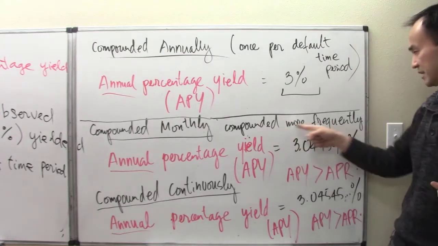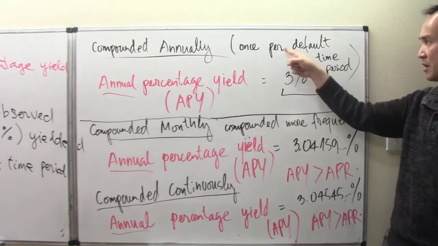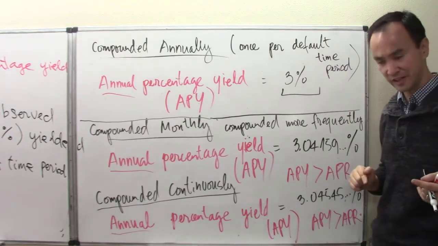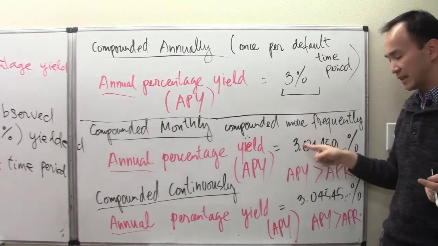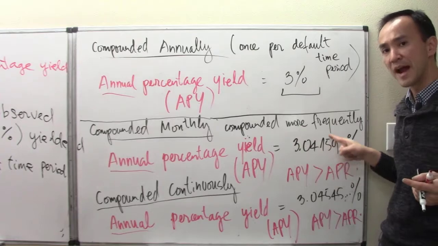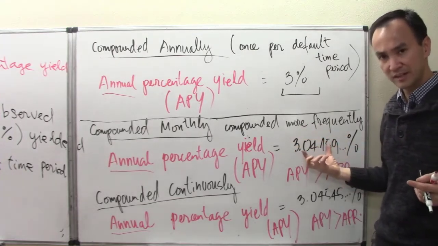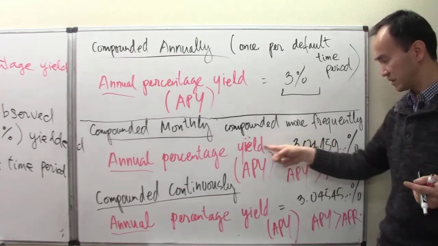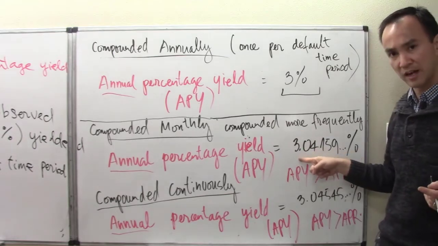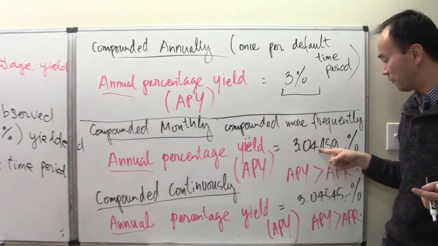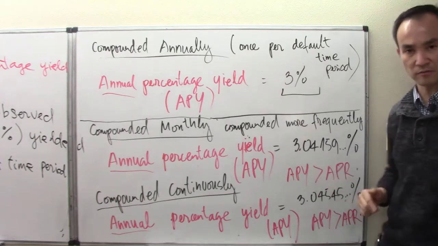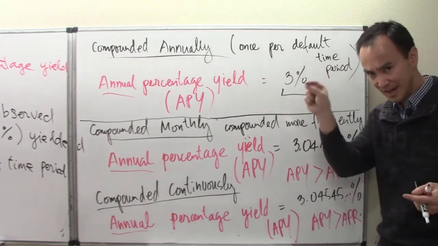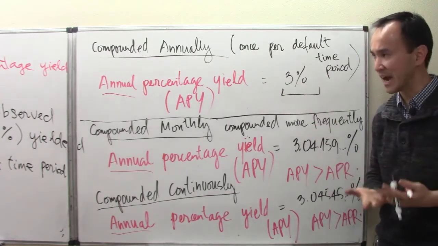That's why it's compounded more frequently than once per default time period. In that way you see the actual amount in percentage that was yielded in 1 year, about 3.04159. That's why, in short, I call it the actual observed.